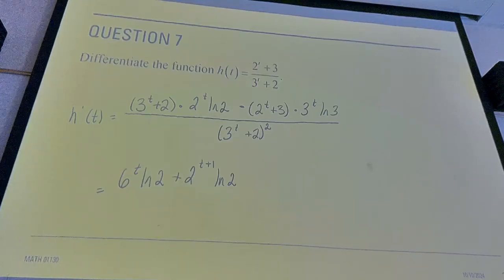Two to the t times 3 to the t we already know. 3 to the t times 3. Or you could also write it as 3 to the t times log 27. 3 cubed is 27.